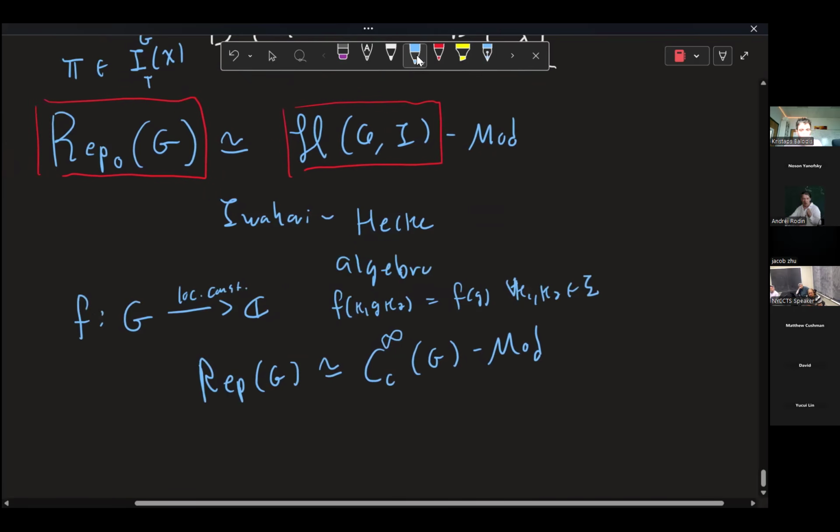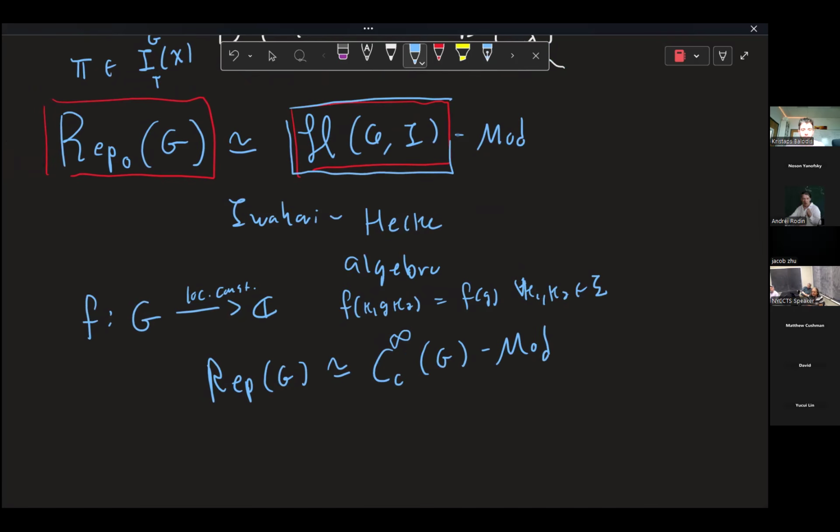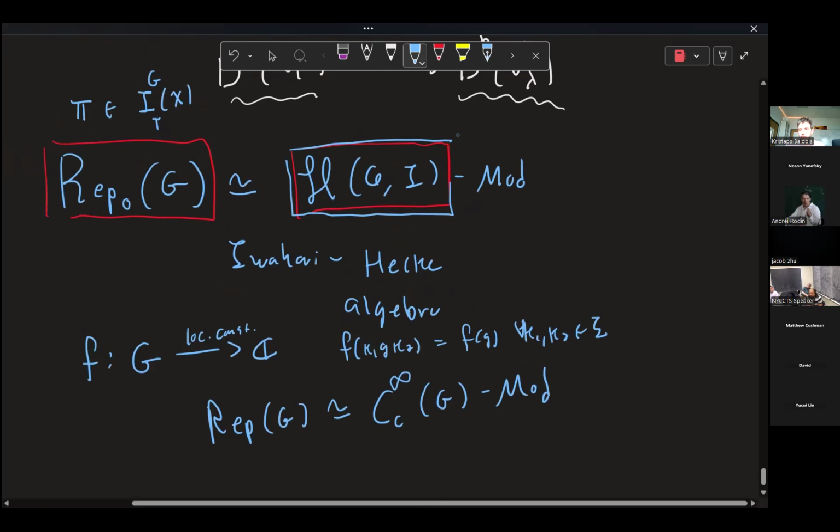Okay, so we go from representations over to this module category. And this happens to be one of these affine Hecke algebras.